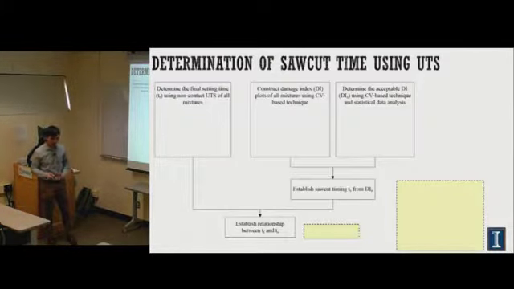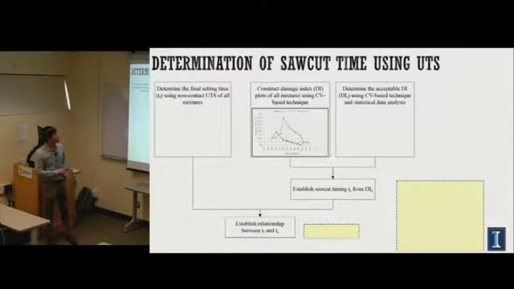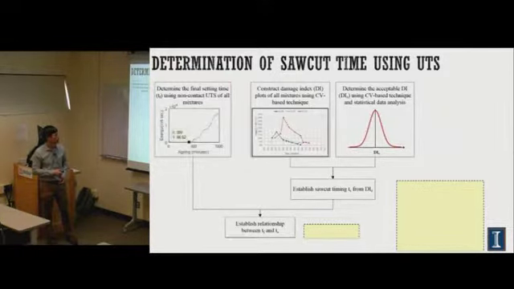Let me show you once again the flow chart that I'm trying to follow in this project. I will find the damage index history over time in the lab. I go to the field and try to find the acceptable damage index. And I establish the relationship between the time of saw cut and the acceptable damage index.